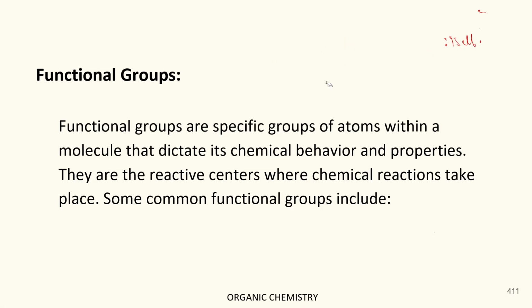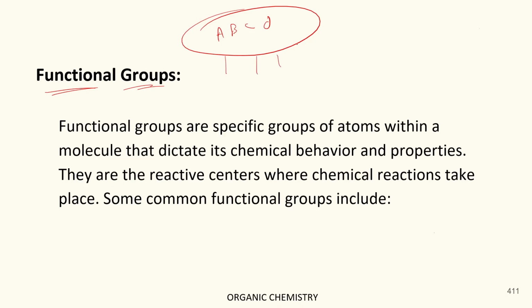Okay. Now let's come to the functional group. What do you mean by the functional group? Basically, functional groups are specific groups of atoms within a molecule that dictate its chemical behavior and properties. So suppose this is a molecule made up of 4 atoms. Okay.